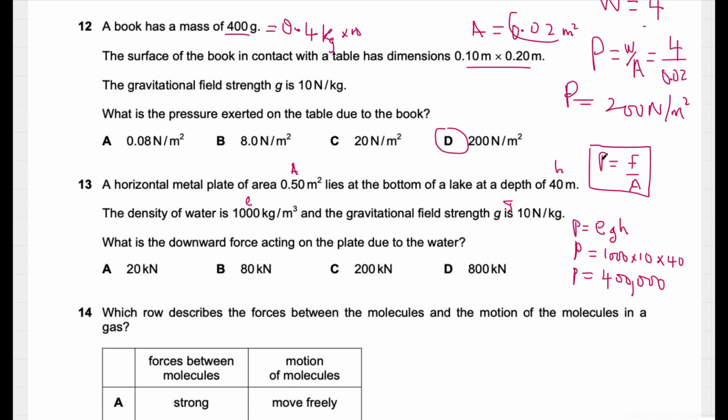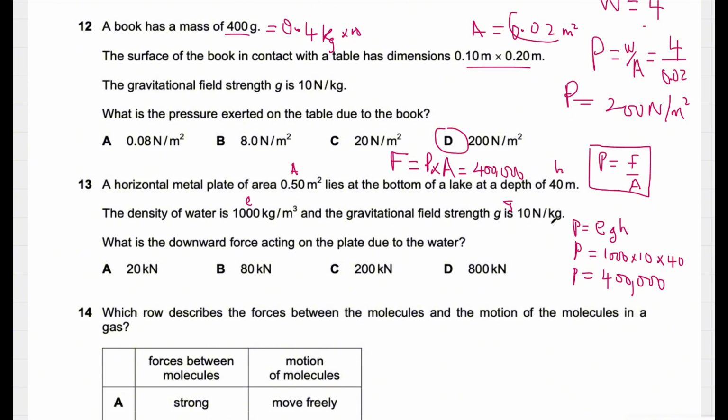Now you bring the formula here and make force the subject. You cross multiply, F equals P times A. So the force is equal to the pressure multiplied by the area. The pressure is 400,000 multiplied by the area.